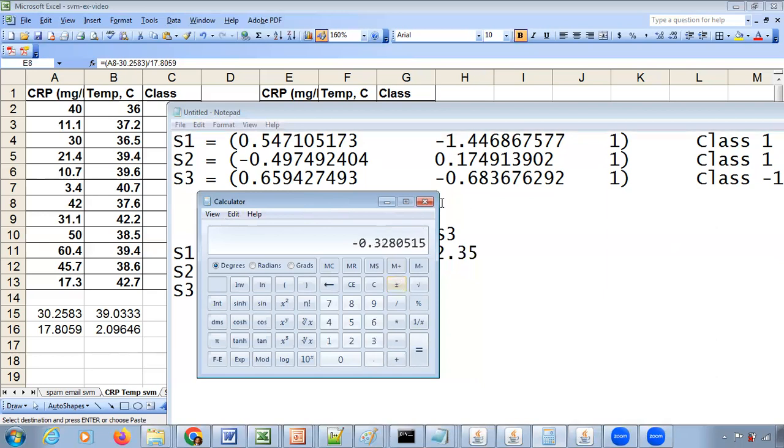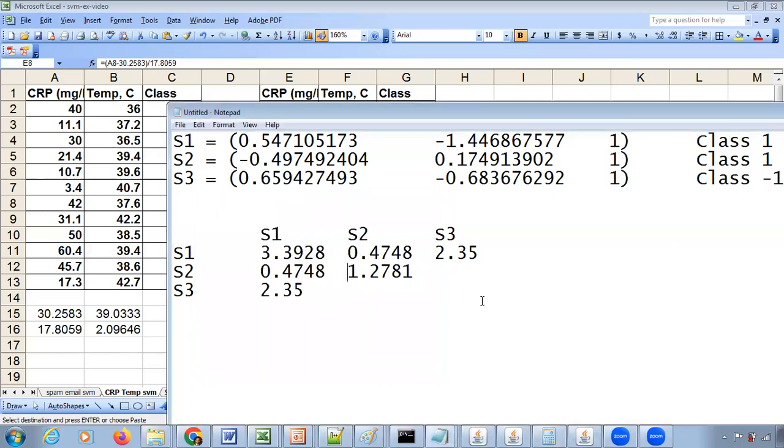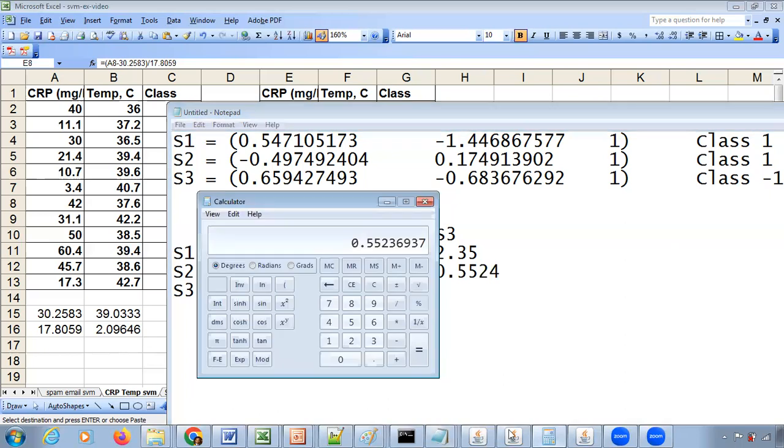And again, this is minus plus, so minus 0.6837 times 0.1749 plus 1, so 0.5524. So 0.5524, same as S2, S3. Then S3 times S3, so 0.6594 square plus 0.6837 square plus 1, so 1.9022.